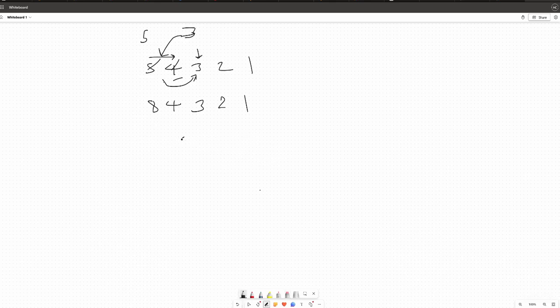So now the first element will have 8, then we have 12, then we have 15, then we have 17, and then we have 18.